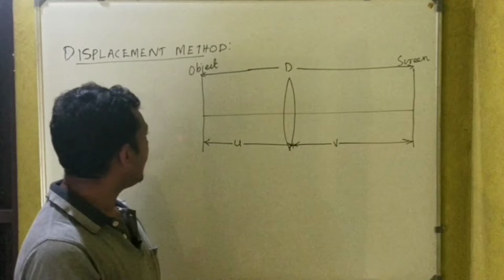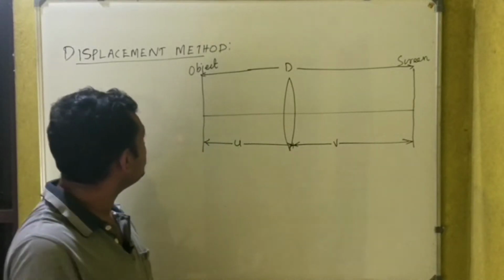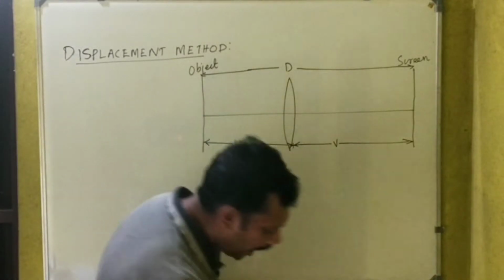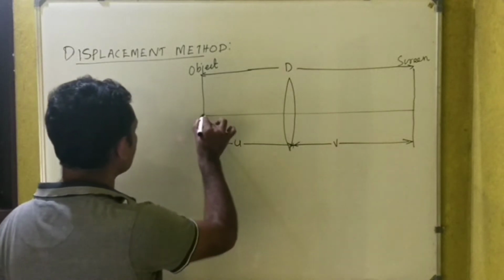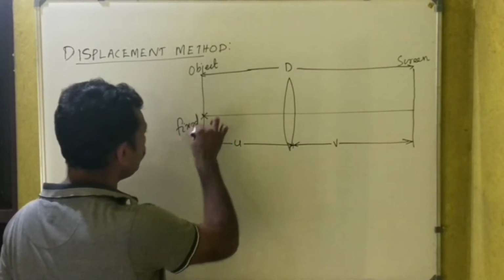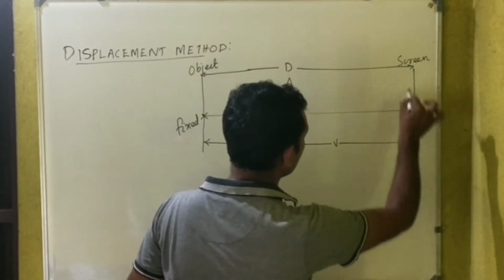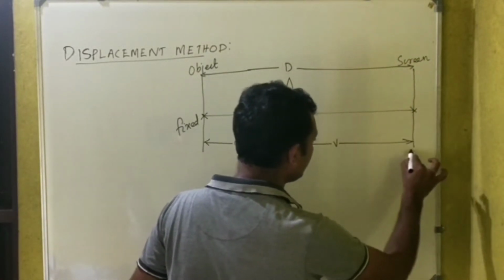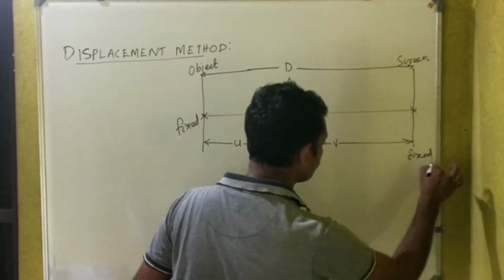So as the name suggests, displacement method, here we have an object. This is the position of the object which is fixed. This is the position of the screen where we are going to get the final image, that is also fixed.